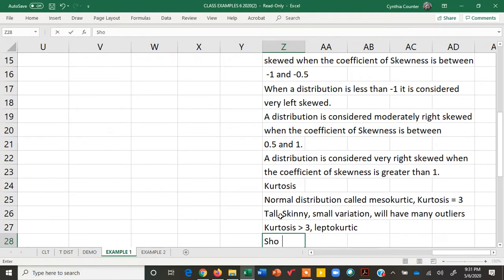Then we have short, flat, few or no outliers, since it has large variation.